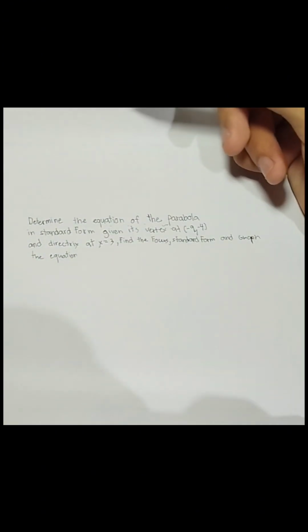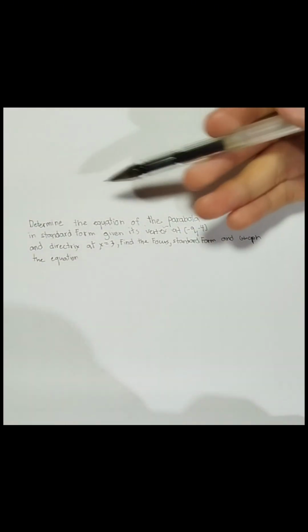So first, to understand this equation, we can see that we don't know if it's x squared or y squared. So first thing we're going to do is graph the given. But before that, let's write down our given.